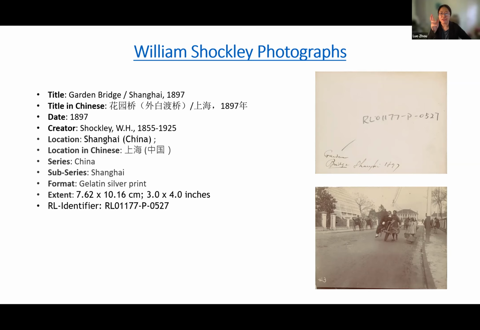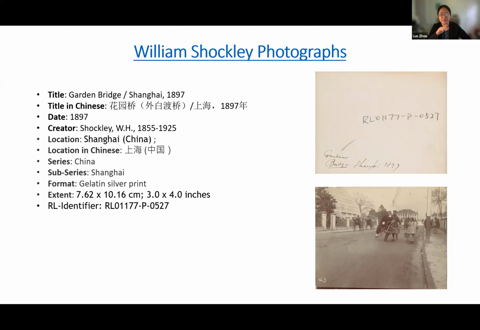So we transferred his captions to our metadata field in the title, Garden Bridge, and my translation. As you can see, what I put in additional information for the translation of Garden Bridge is Wai Baidu Qiao, the more commonly known name of this bridge, and the location is straightforward.